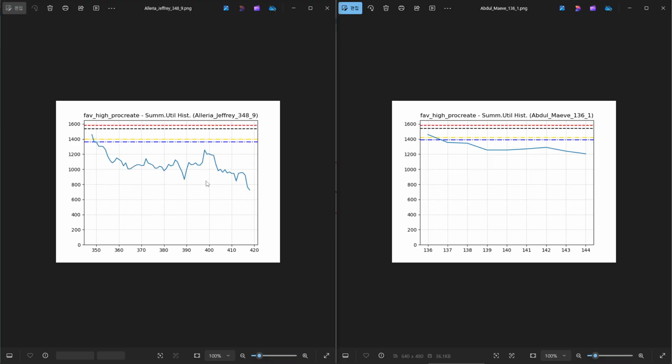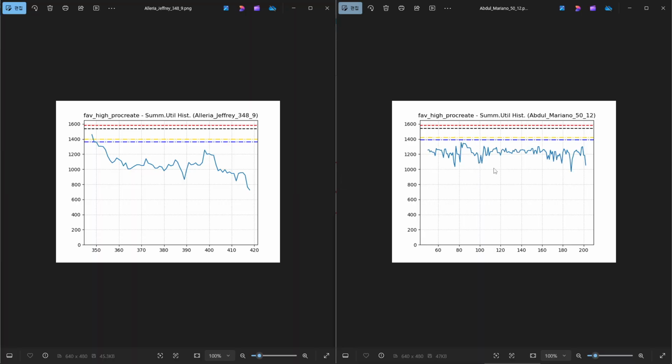However, on the right, you'll see that even when an entity starts high, it will come back up to some degree. Not this one, but yeah, it will come back up.